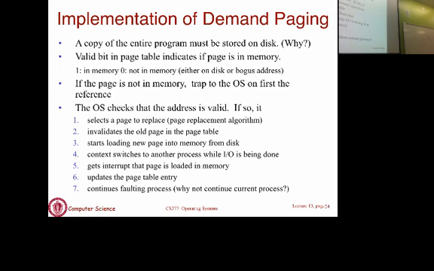But if the page was not modified, let's say it's a page that contains source code which typically won't change, then you can simply overwrite this frame with some new page. You don't have to write that back to disk. So you're always going to keep a copy on disk. That's the reason we have that. There's a valid bit in the page table that says whether the page is in memory. Anytime you have a page in memory, that entry's valid bit is 1 and the pointer will point to the page.